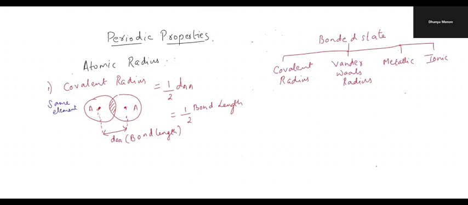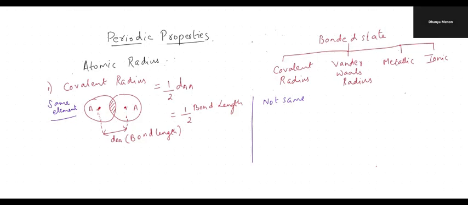Now, in case the atoms are not the same, but the electronegativity is the same. Electronegativity we will learn later, but in short, electronegativity is the capacity to attract electrons towards itself.